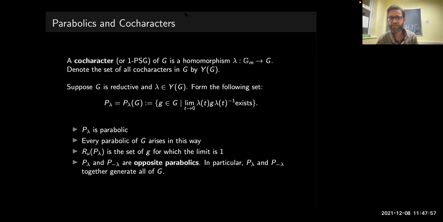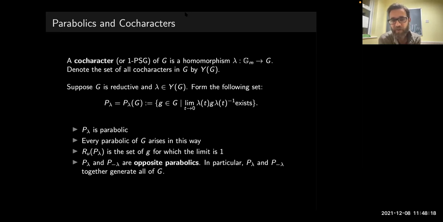Certainly its unipotent radical sticks out in one direction. It's generated by some set of positive roots. And then I'll have an opposite parabolic sticking out in the other direction, generated by the corresponding negative roots. And then there's a Levi subgroup in the middle somehow. And that's what the notion of opposition is here.